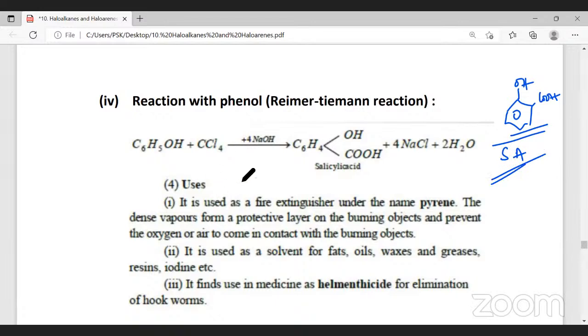What are the uses of chloroform? It is used as a fire extinguisher under the name pyrene.